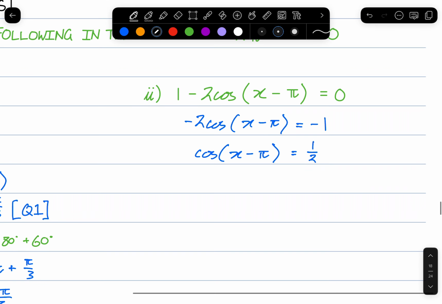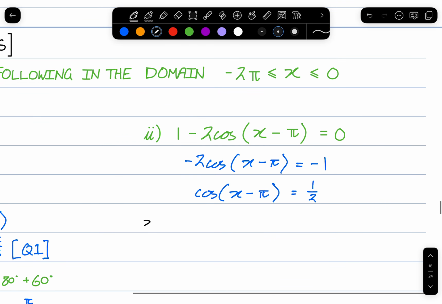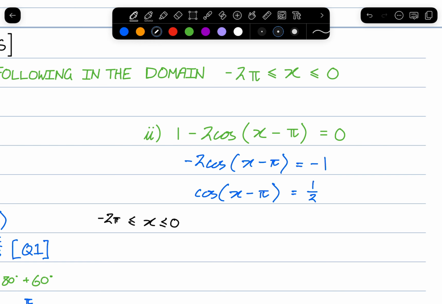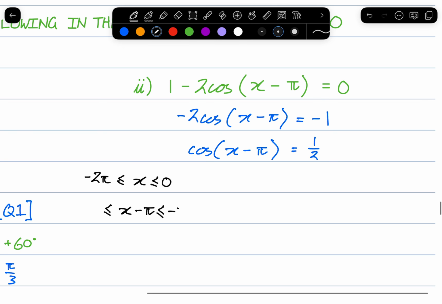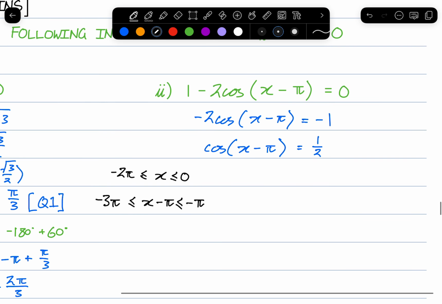Then from here is where I need to definitely know which angles I'm going to be working with. So adjusting our domain, it'll be x from 0 to negative 2 pi. But since we have x minus pi, we need to subtract pi from both sides. So we're going to check from negative pi to negative 3 pi.